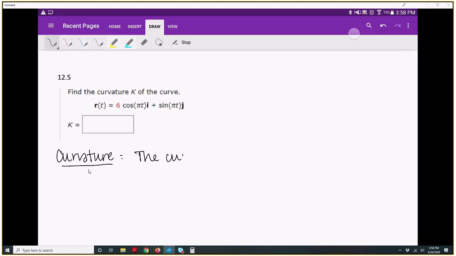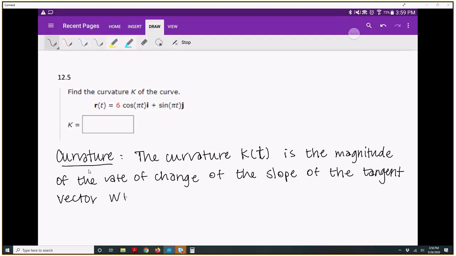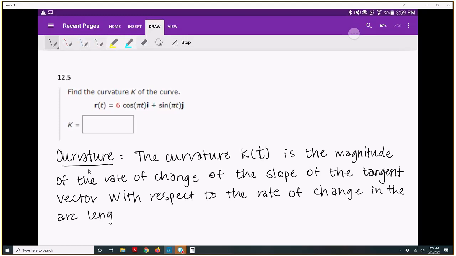The curvature K of t is the magnitude of the rate of change of the slope of the tangent with respect to the rate of change in the arc length over a short period of time.